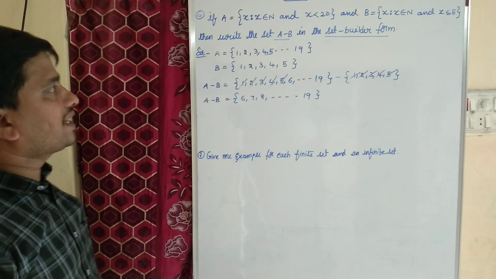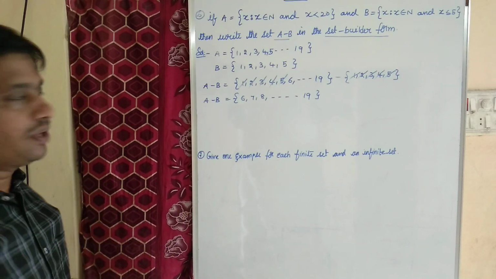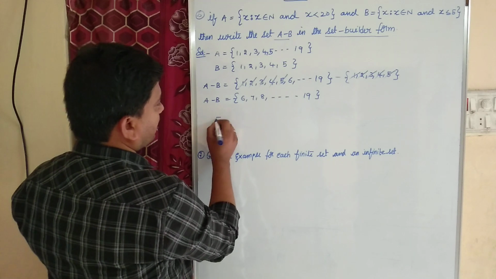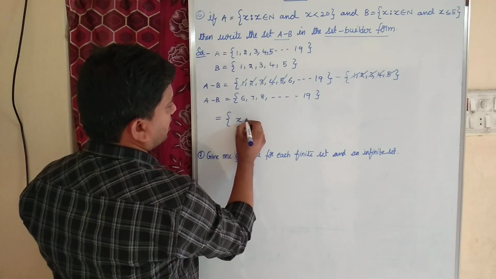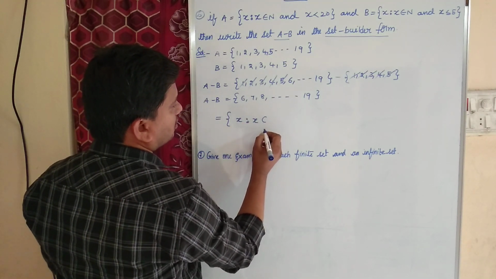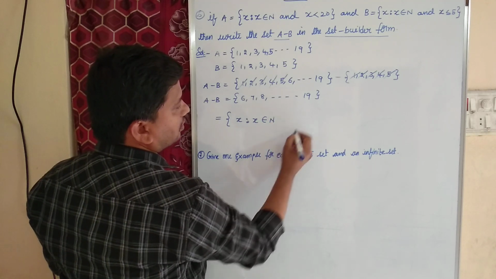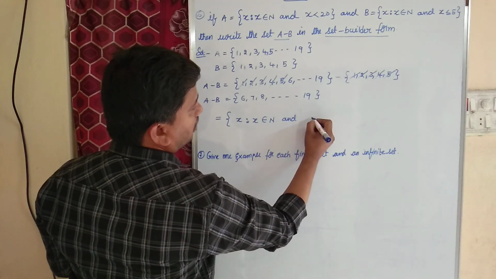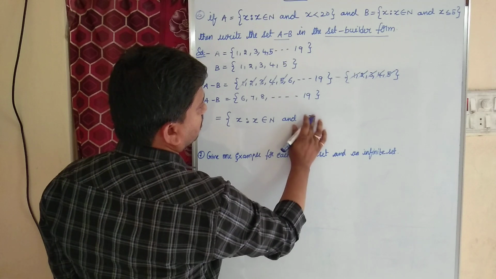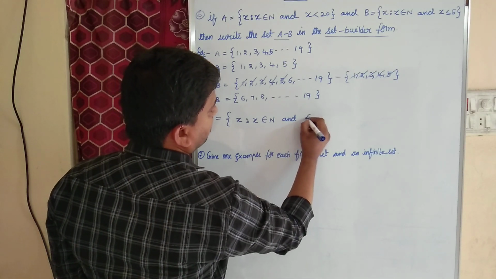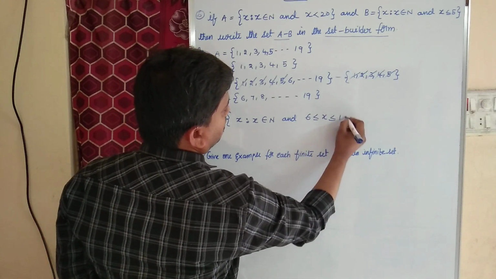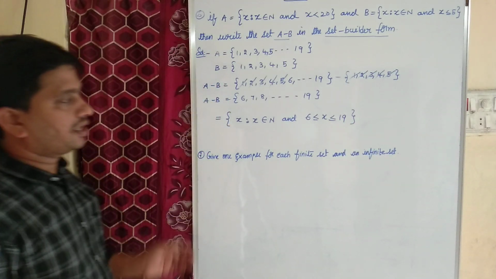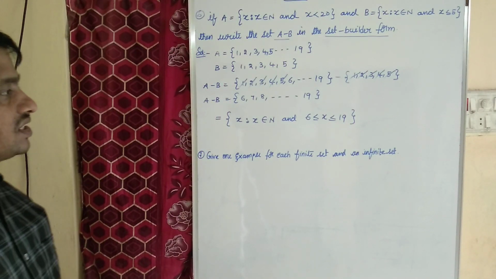But they are asking to write the set A minus B in set builder form. Okay, let us write {x such that x belongs to N and x lies between 6 and 19}.